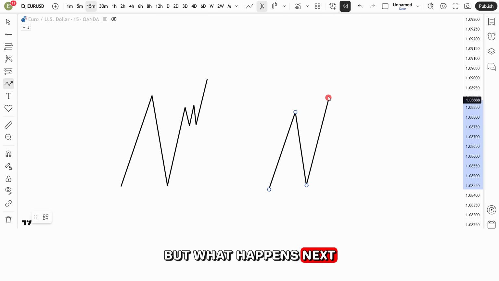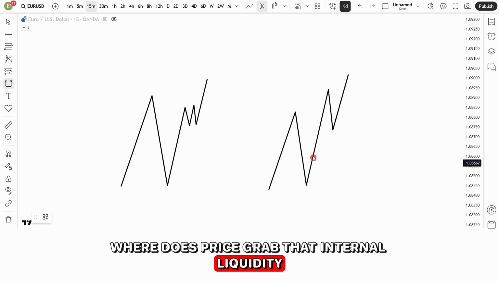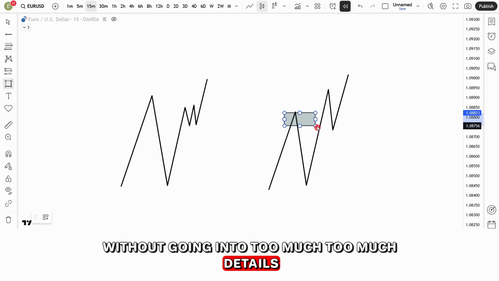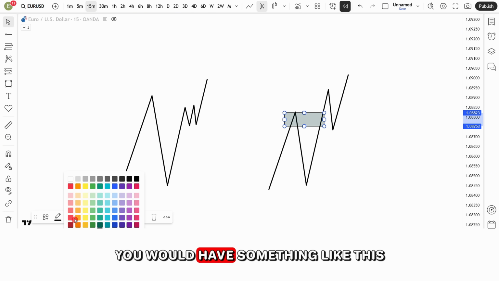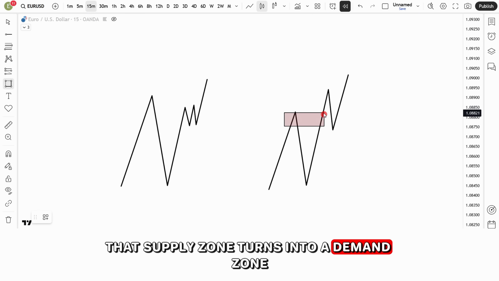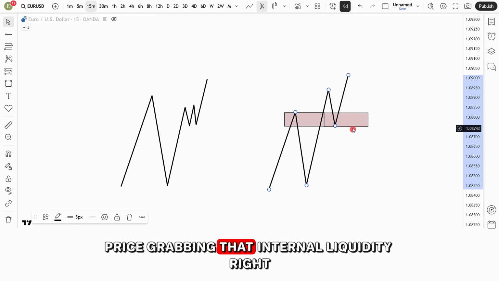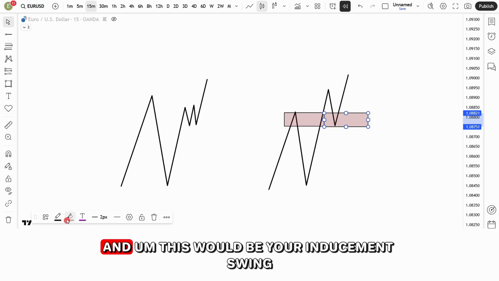But what happens next? Price will break structure and will come revisit that zone, grab more internal liquidity. Where does price grab that internal liquidity, without going into too much detail? You would have something like this, where previously was a supply zone. That supply zone turns into a demand zone and you will have price grabbing that internal liquidity, right? And this would be your inducement swing now.